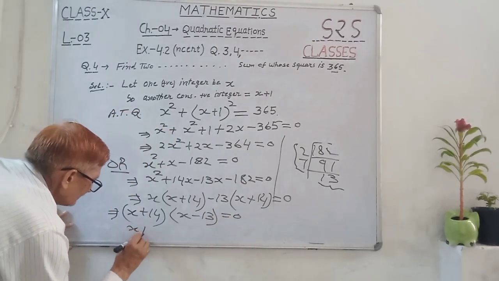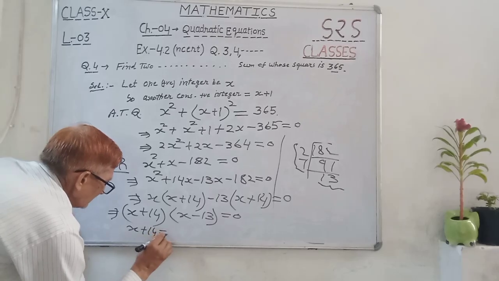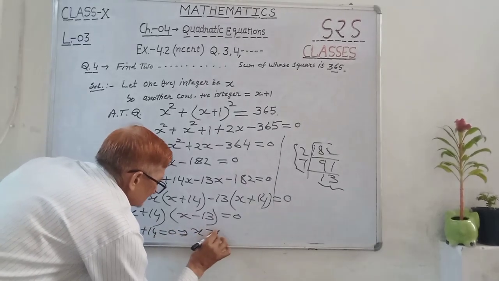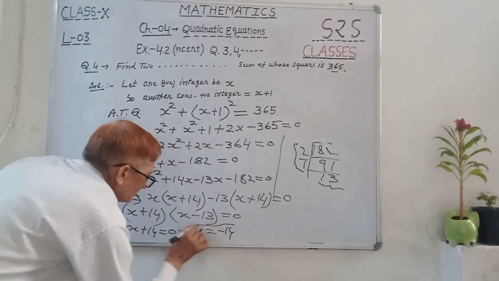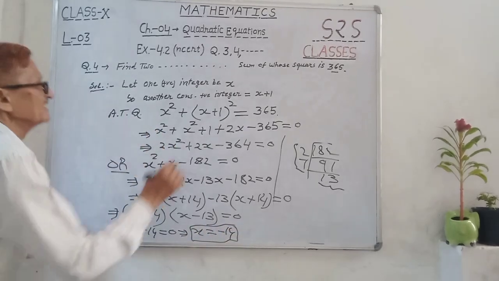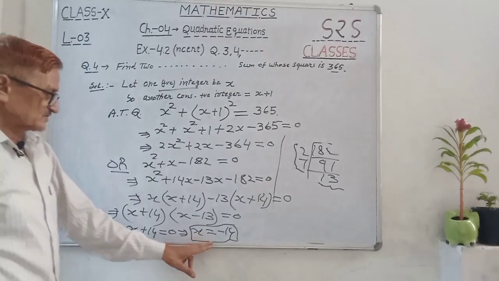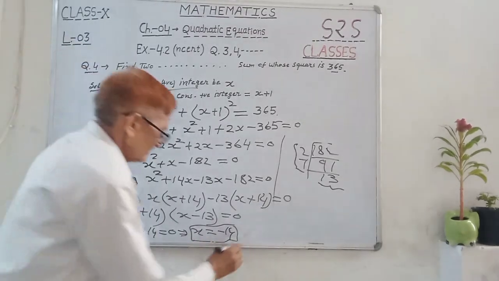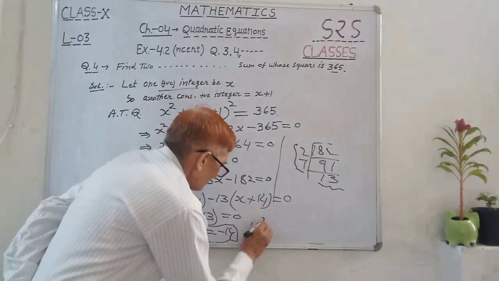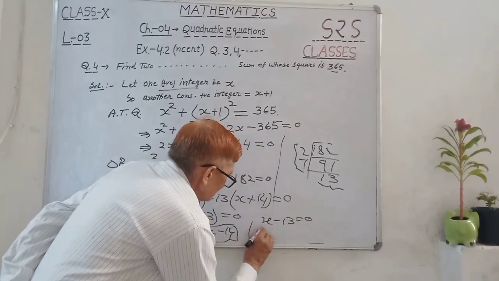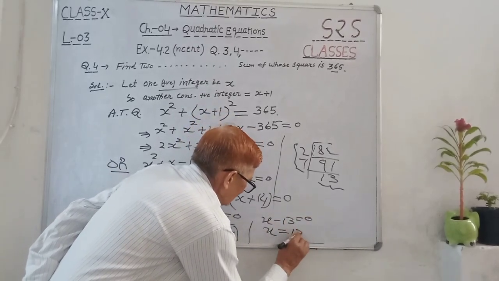Then x plus 14 equal 0 implies x is equal to minus 14, but the question says positive, so this x is rejected. From the second factor, if x minus 13 equals 0, then x is equal to 13.